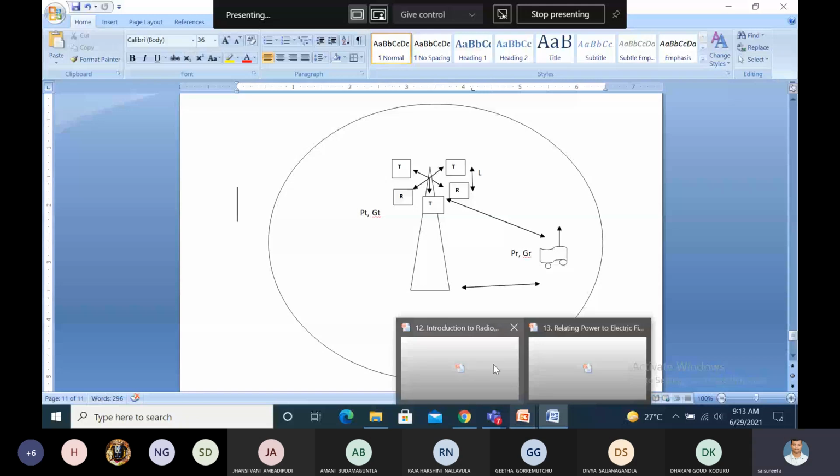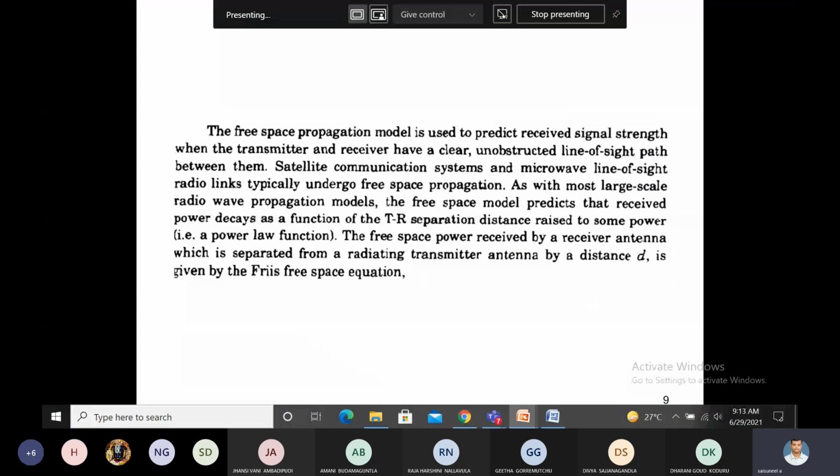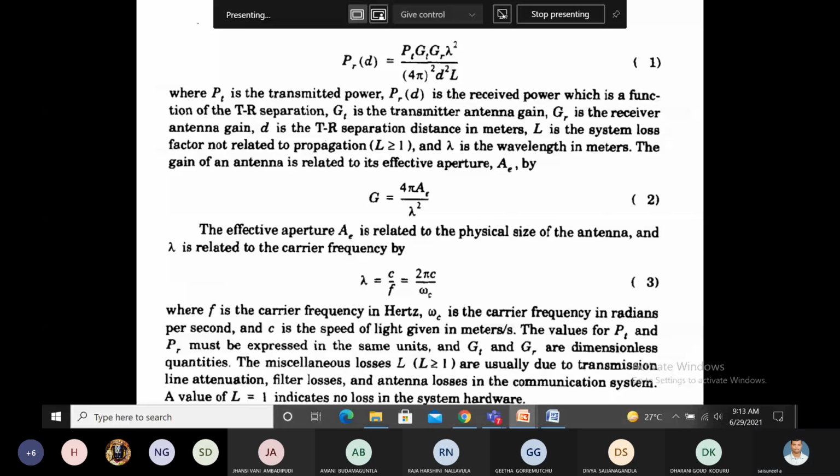Let's move to the free space equation. The received power PR at a distance D is equal to PT GT GR lambda squared by (4 pi) squared D squared L. In equation 1, PR is the received power at separation distance D, PT is the transmitted power, GT is the transmitter antenna gain, GR is the receiver antenna gain, and lambda is the wavelength in meters.